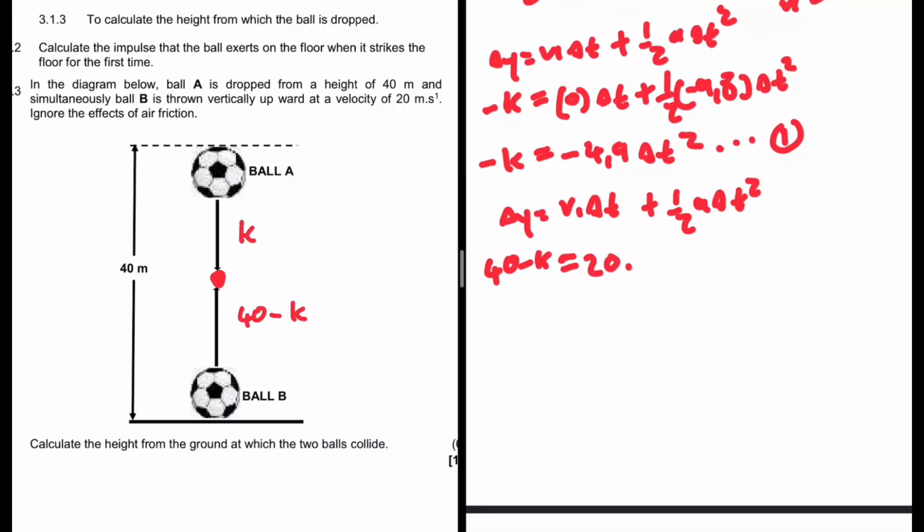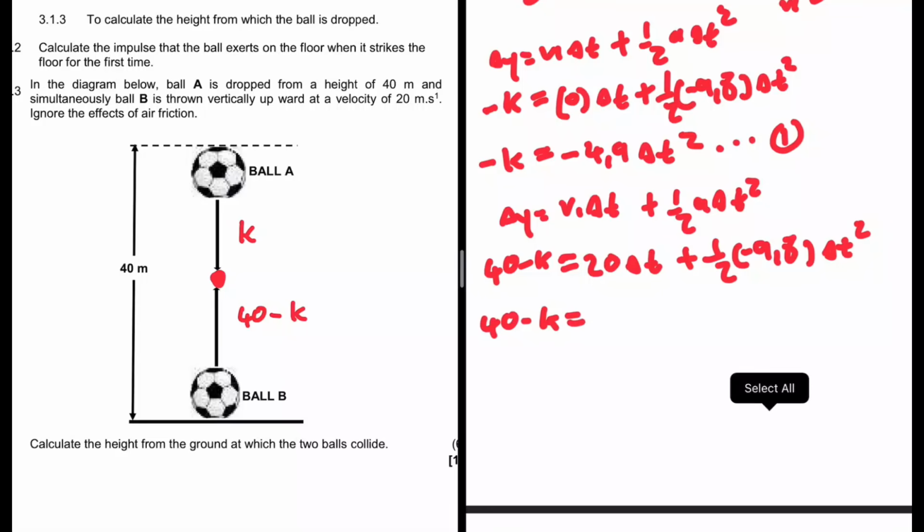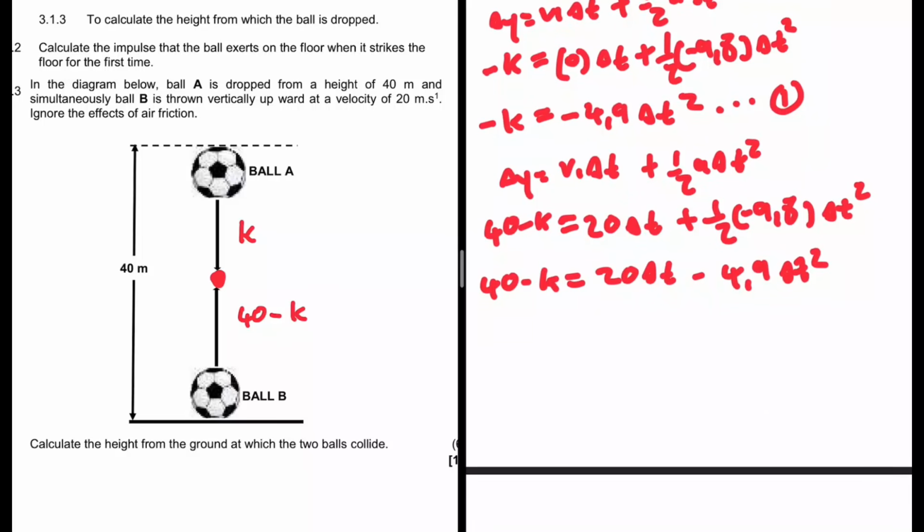So that is 20 delta t plus a half acceleration, which is minus 9.8, delta t squared. So we're going to have 40 minus k equals 20 delta t minus 4.9 delta t squared. Okay. So now at this point we can do a couple of things, right? Because we have 2 equations now.